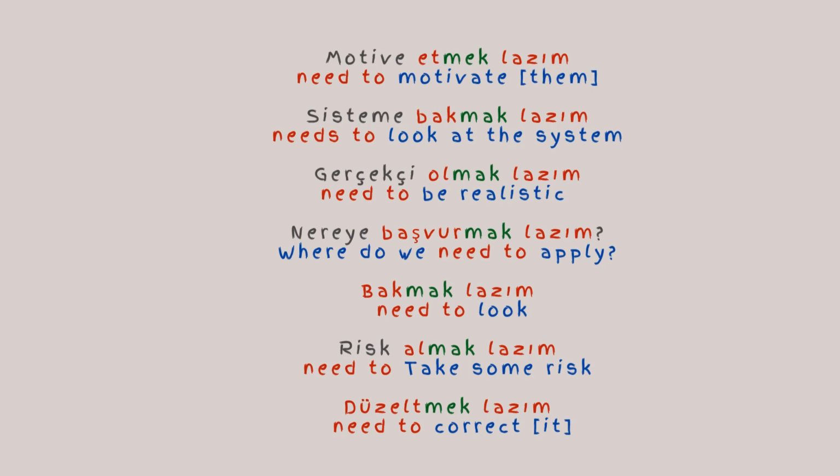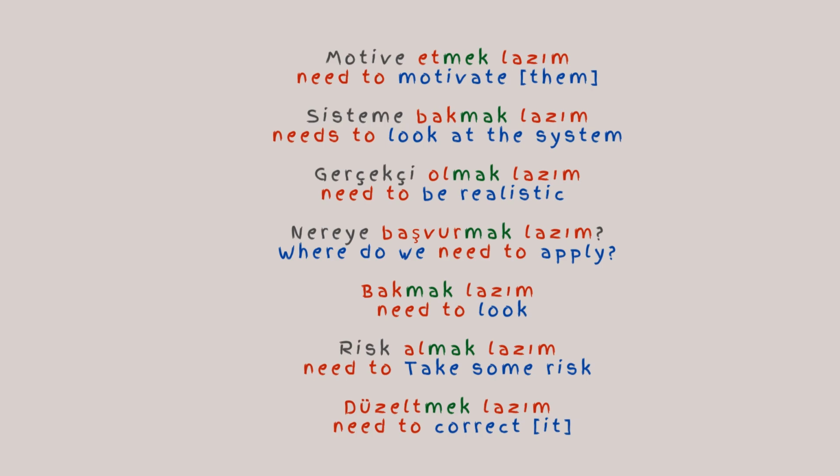Gerçekçi olmak lazım. Need to be realistic. Nereye başvurmak lazım? Where do we need to apply? Or where to apply? Bakmak lazım. Need to look. Risk almak lazım. Need to take some risk.